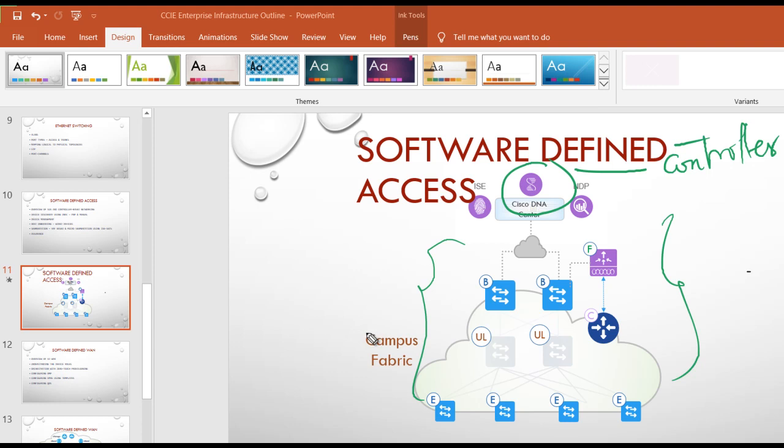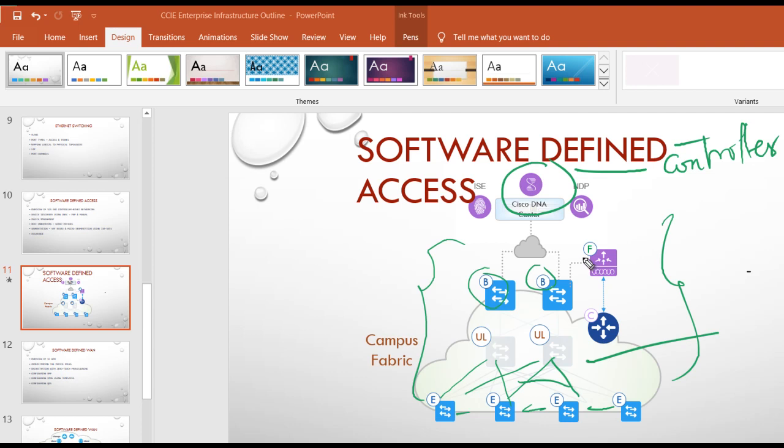Basically, these are our edge switches on the enterprise, and these borders represent our exit from the network. Look at all these links. We are going to have links this way. In our underlay, we are going to run a routing protocol.